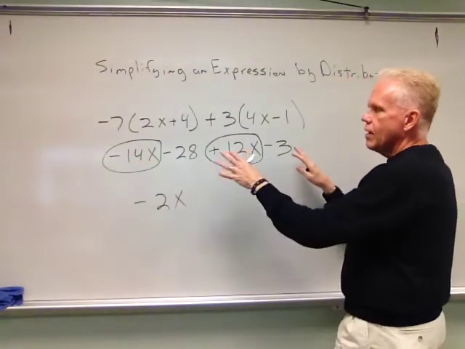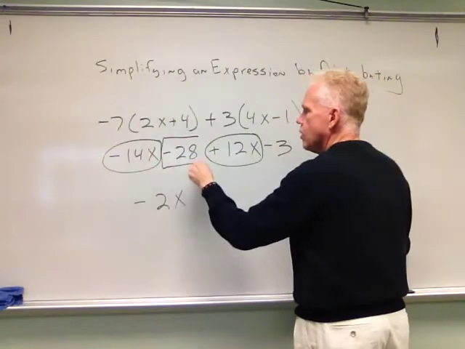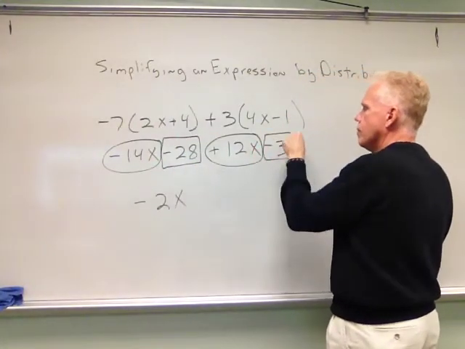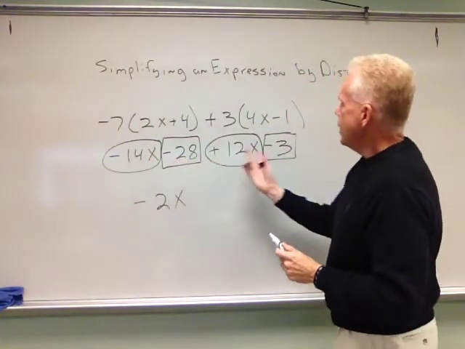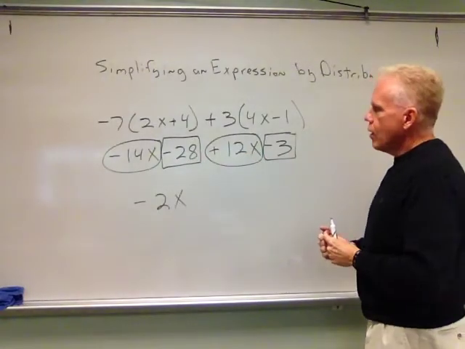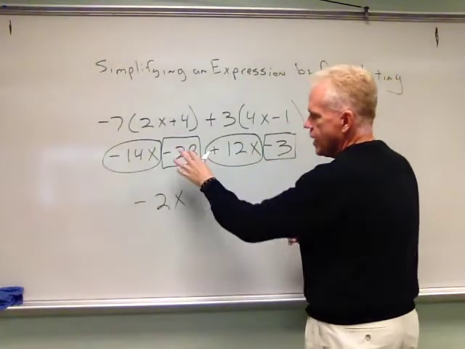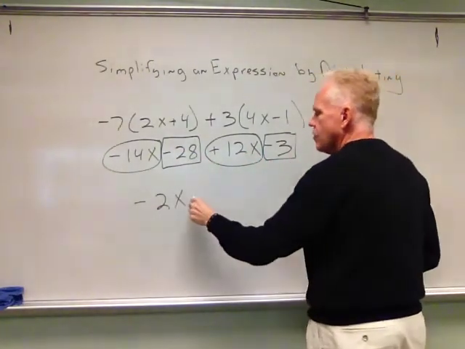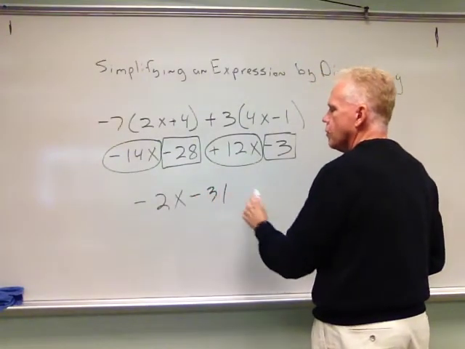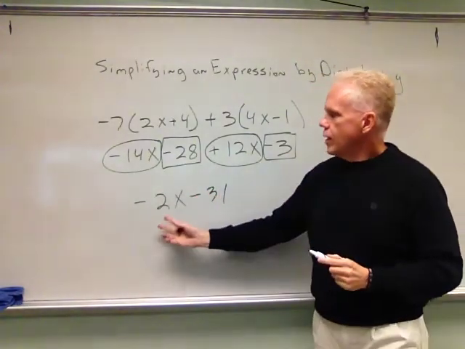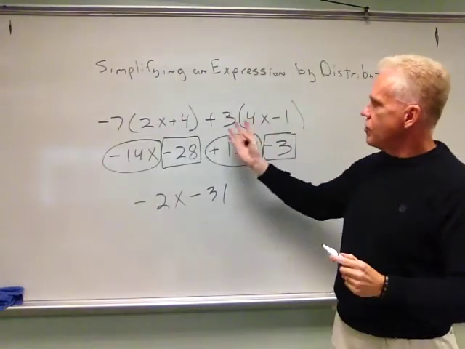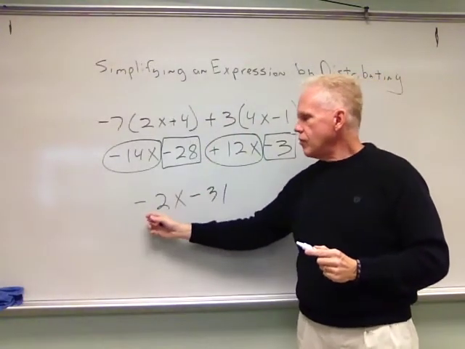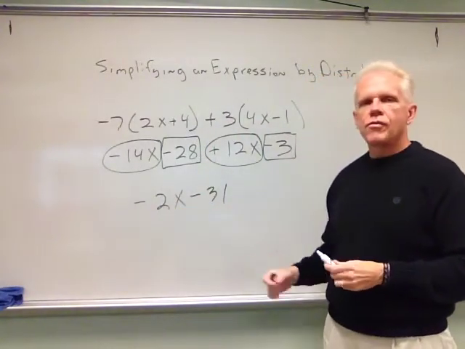Now, let's put the negative 28 and the negative 3 together, all right? Negative 28 and 3 more negatives gets me all together 31 negatives, okay? So this expression that we started with ends up as negative 2x minus 31.